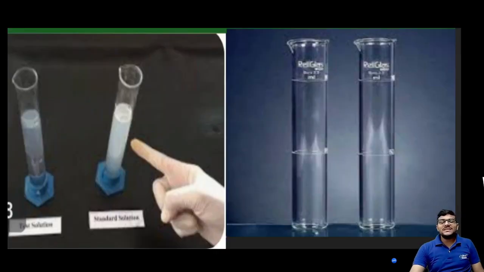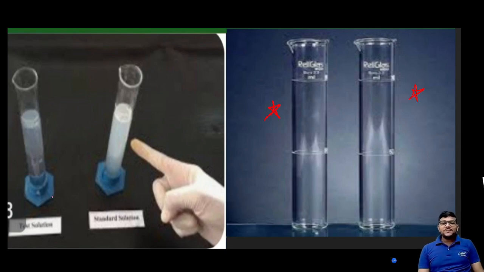I am showing you that this is our Nessler cylinder. I hope you can recall that we are preparing 2 types of solution: one is the standard solution and one is the test solution.